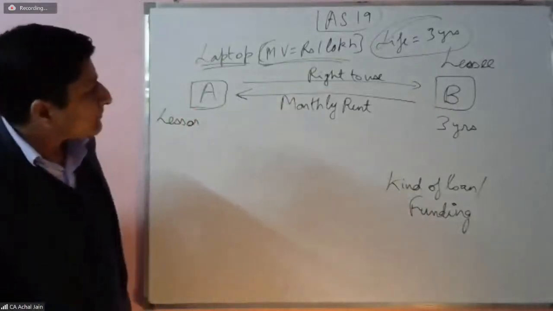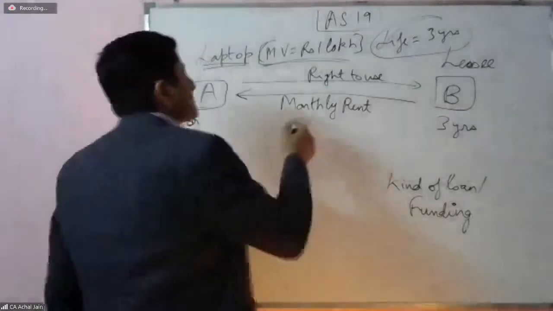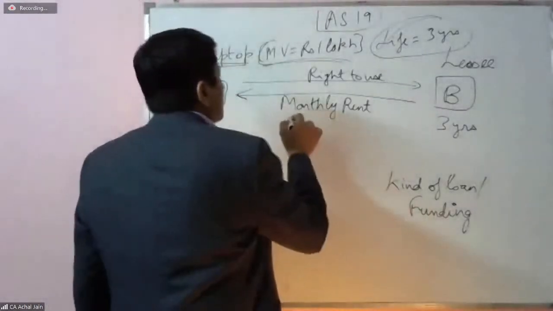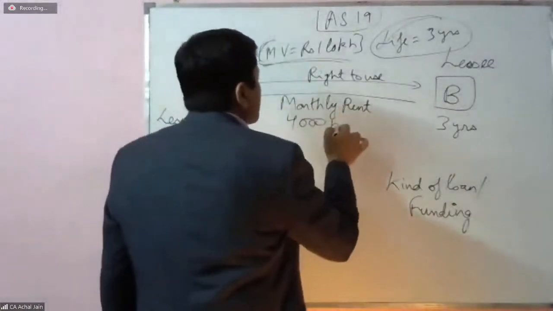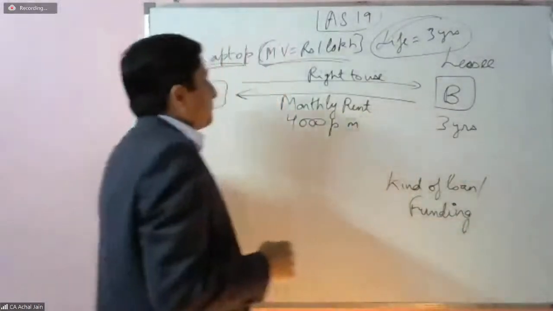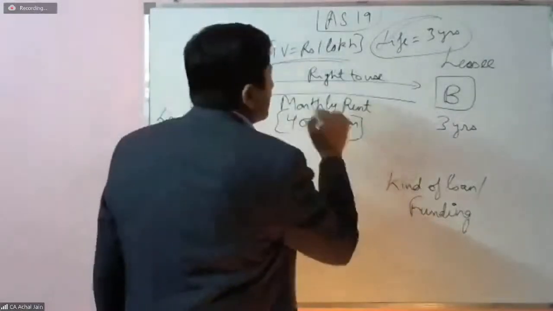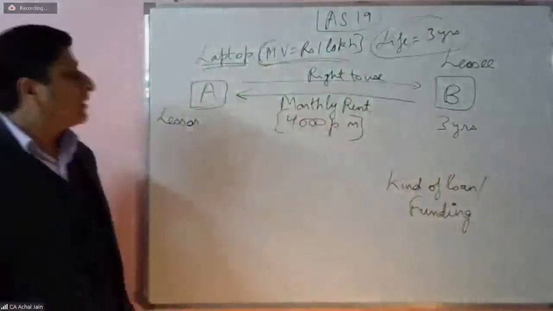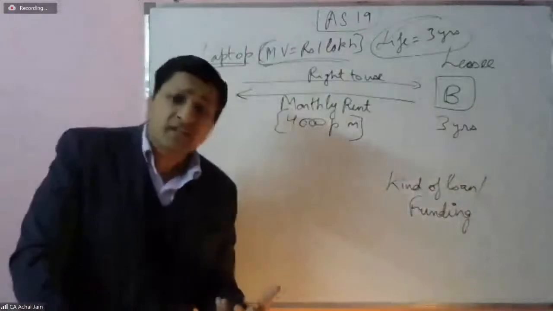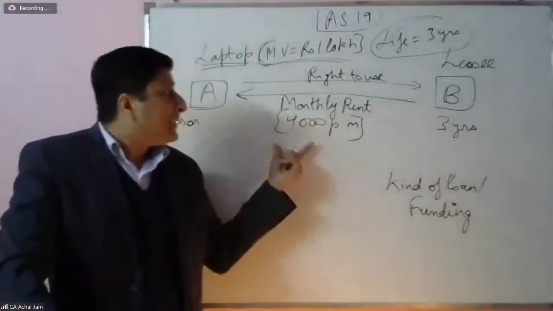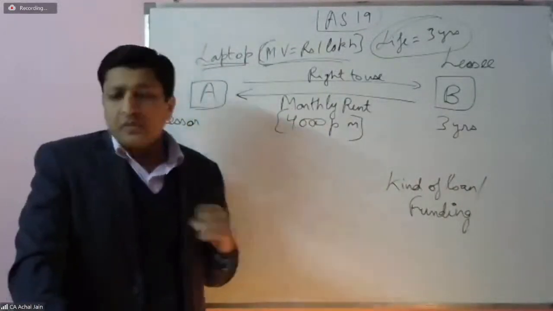How? I will pay, say, rent of 4,000 per month. I will make the payment by putting this in the form of rent. B will make the payment of 4,000 per month.